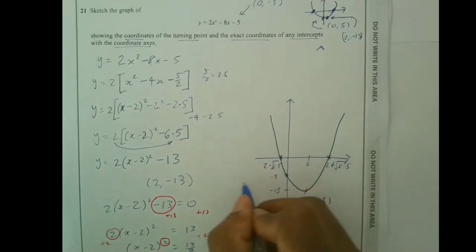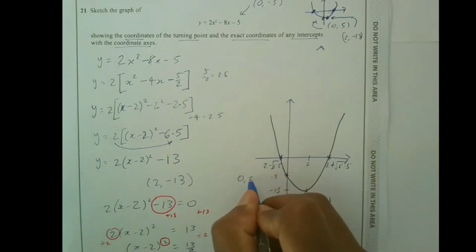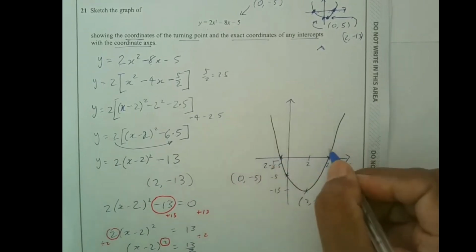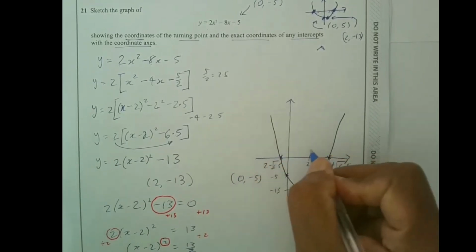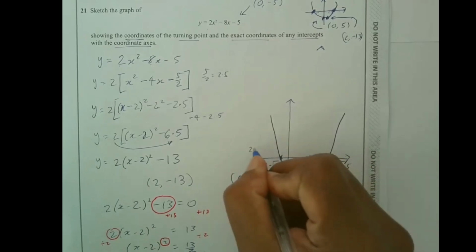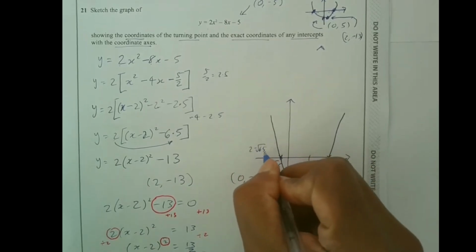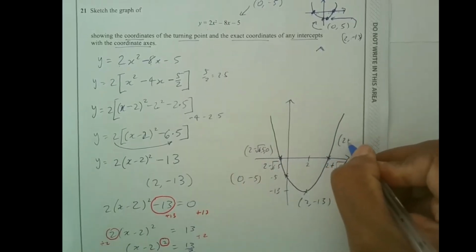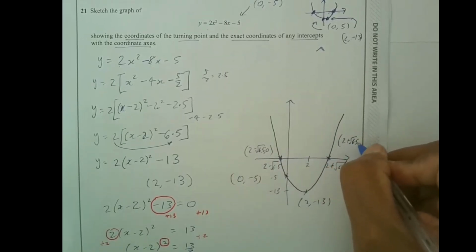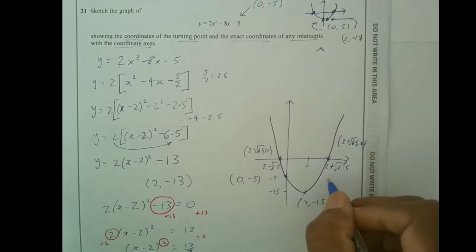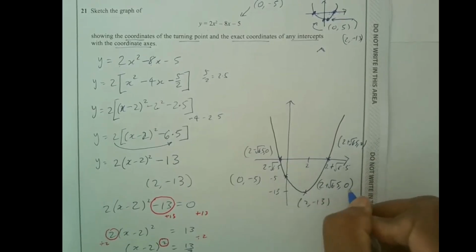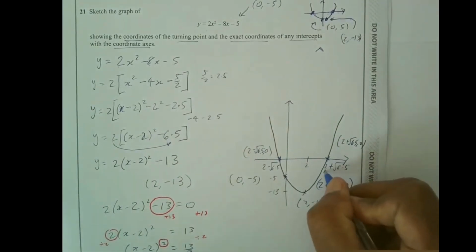So let me put this as 0 minus 5, and this one was 2 minus square root 6.5 comma 0, and the other one is 2 plus root 6.5 comma 0. It's not very clear, is it? 2 plus root 6.5 comma 0. Okay, so it's quite clear there.